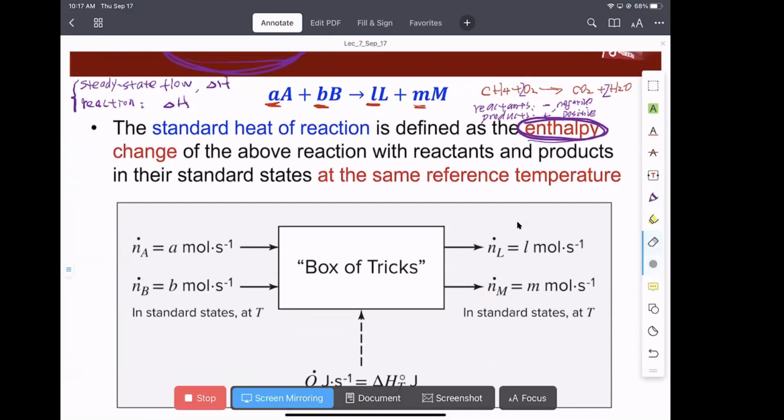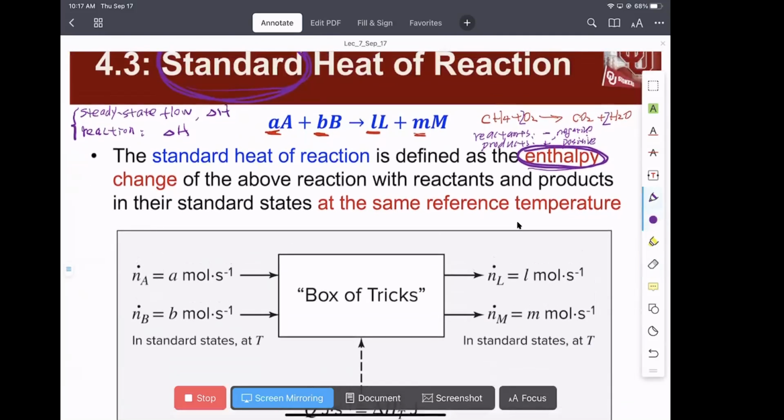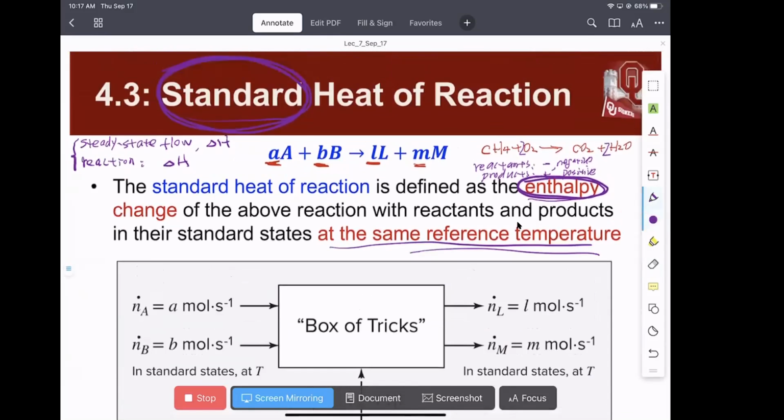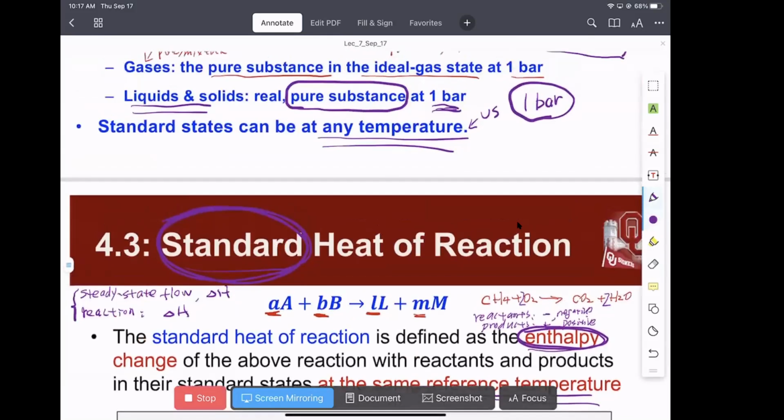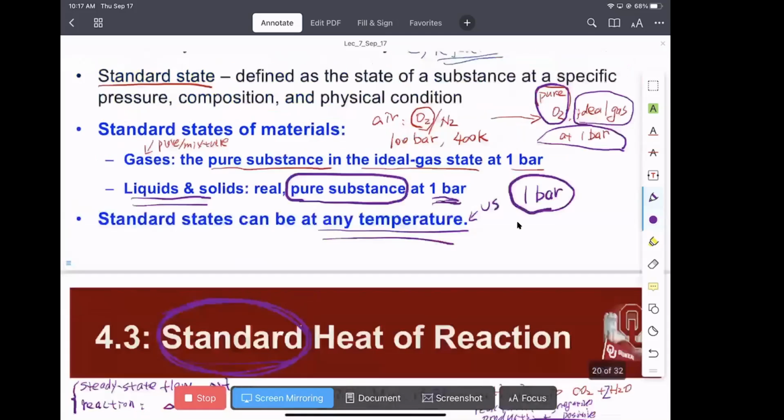One other note to prepare the discussion is we need to always look at those at the same reference temperature. In the standard state definition, we did not specify what temperature you need to satisfy. The answer is no, we don't have any limitation on the temperature.